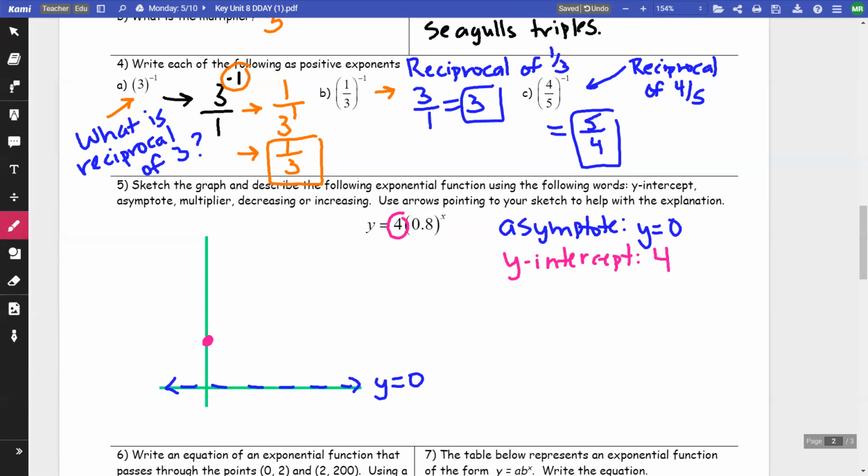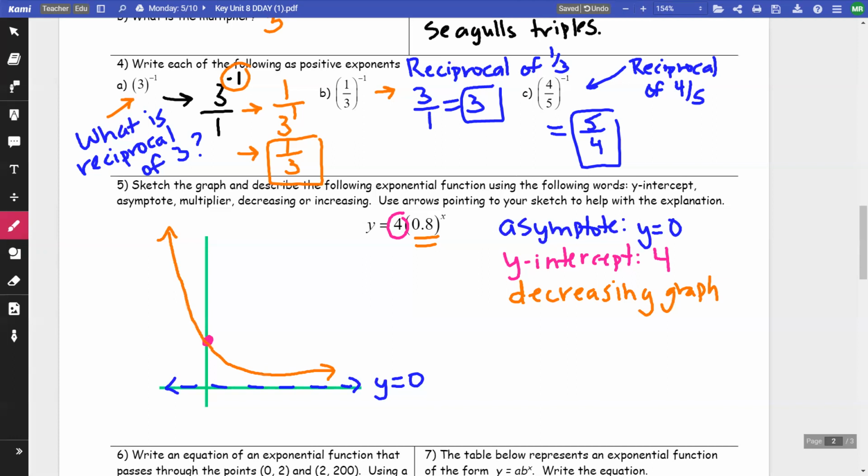And this is going to be a decreasing graph because of this. Because this is less than 1, this is a decreasing graph. So it's going to start big, come small, like that. Not going to touch the x-axis.